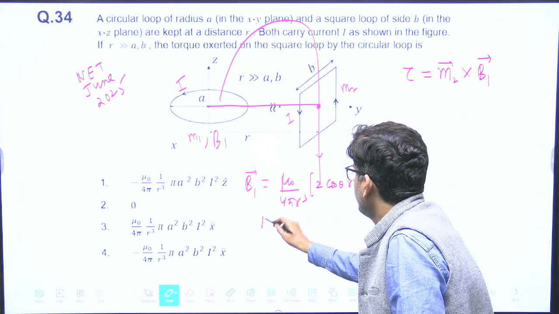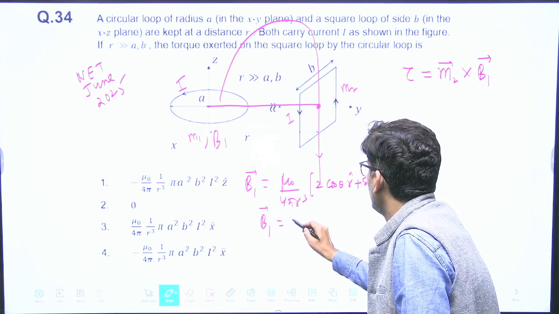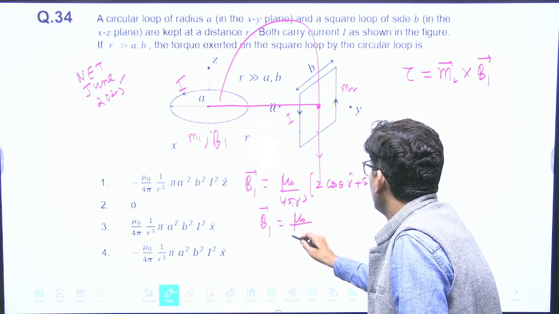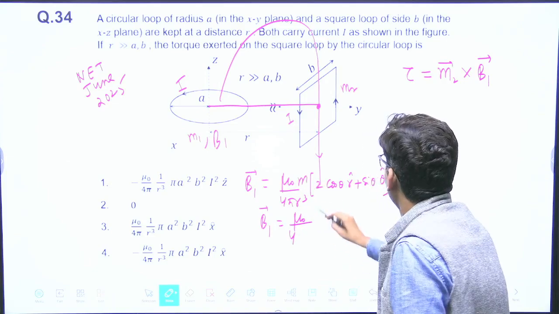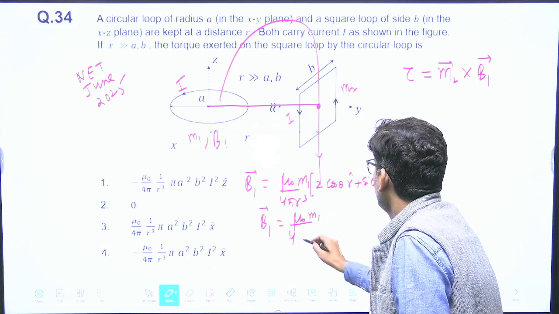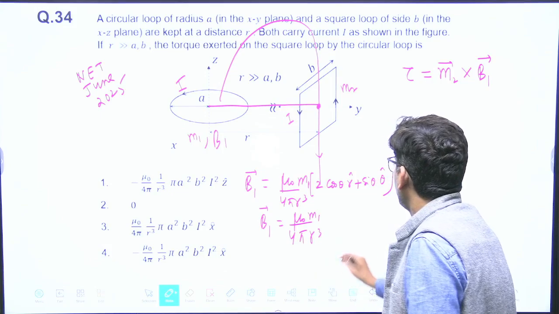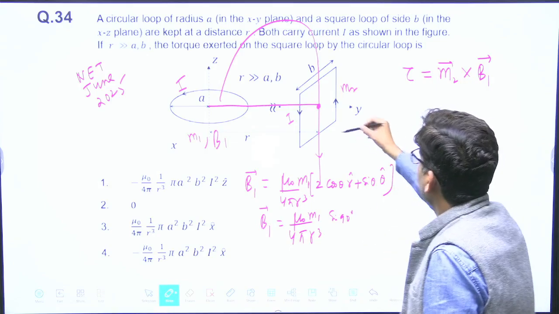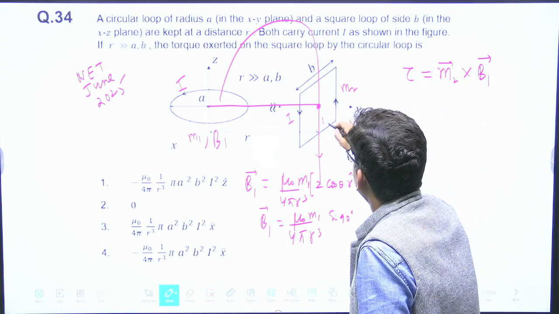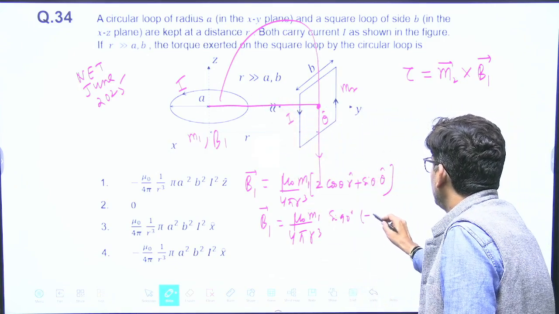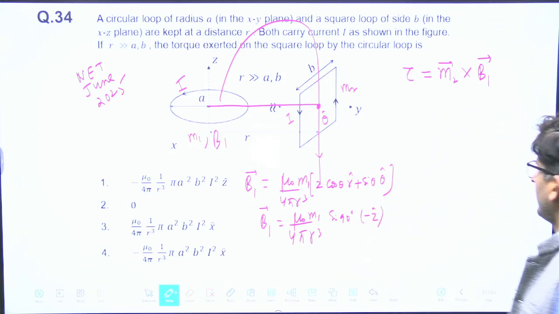So B1 is equal to mu naught m1 by 4 pi r cube, sin 90, and theta cap is this direction. So I will write it as minus z cap, because I want Cartesian coordinates for my answer.